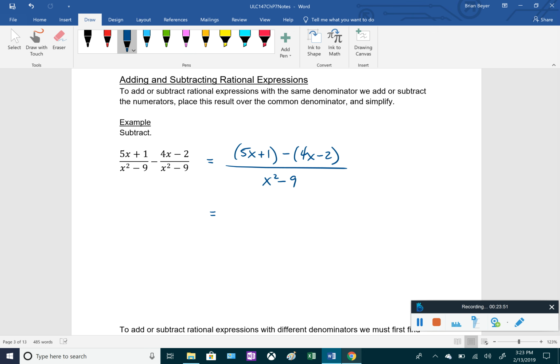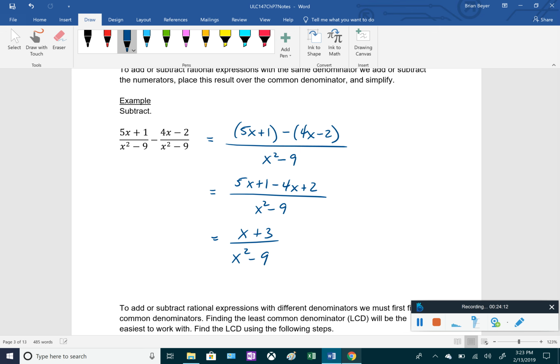So it's going to be 5x plus 1 minus 4x plus 2 after we distribute that negative 1. Combine like terms: 5x minus 4x is x, 1 plus 2 is 3. So x plus 3 over x squared minus 9.